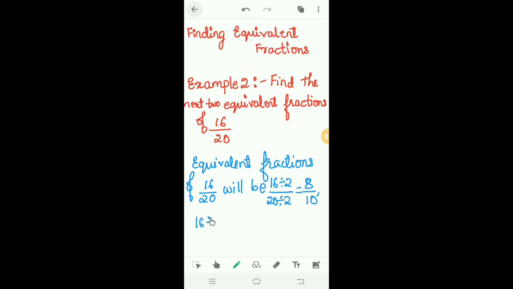So, 16 divided by 4, 20 divided by 4. 4 by 5. Therefore, 16 by 20, 8 by 10 and 4 by 5 are equivalent fractions.